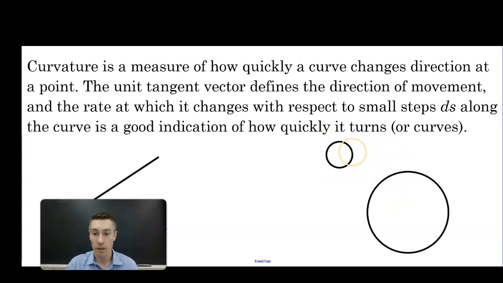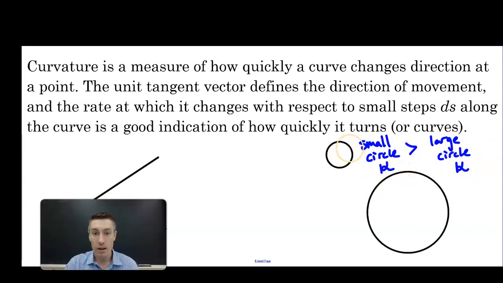Now, as we look at our circles on the right-hand side, the smaller circle actually has the larger curvature. So the small circle curvature is going to be greater than the large circle curvature, using that K symbol to denote curvature.